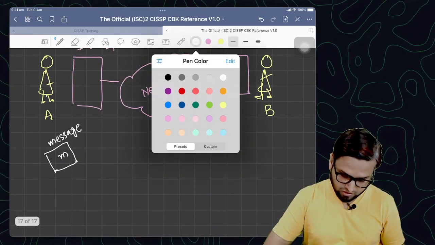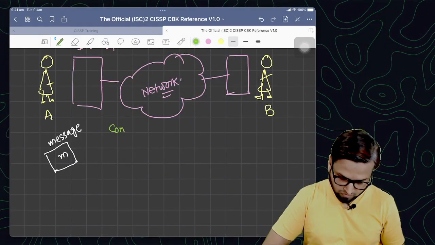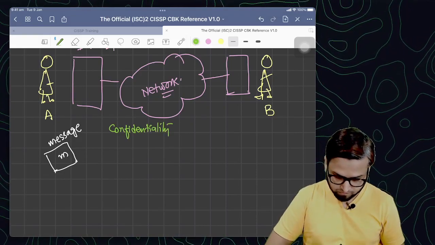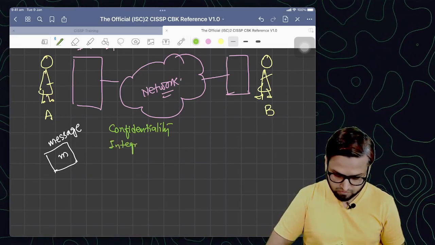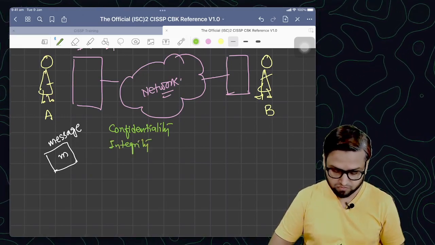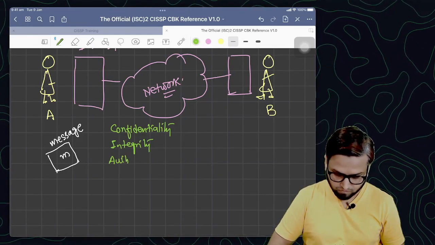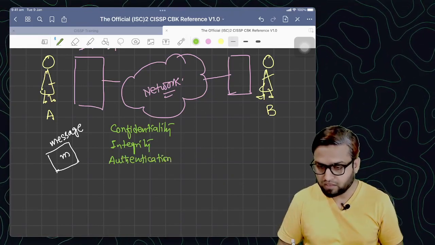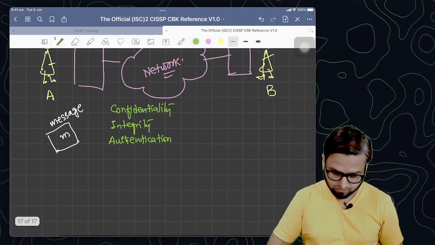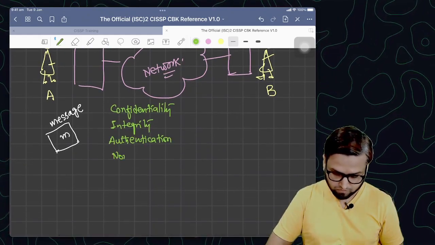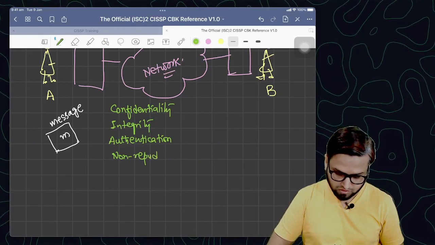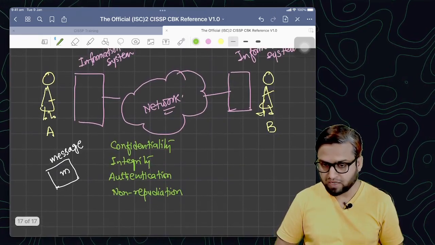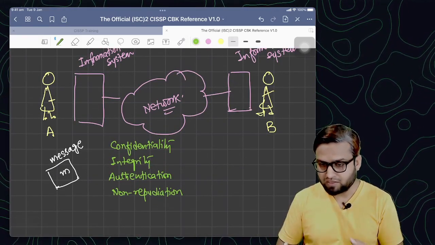Let me write them down: confidentiality of the message, integrity of the message, authentication of the person who sent the message, and non-repudiation, making it verified and confirmed that user A sent the message, right?